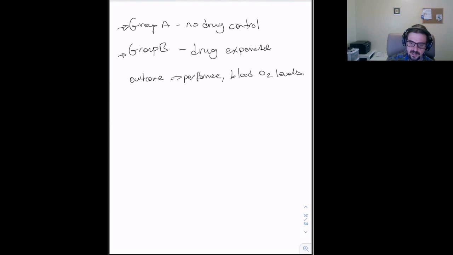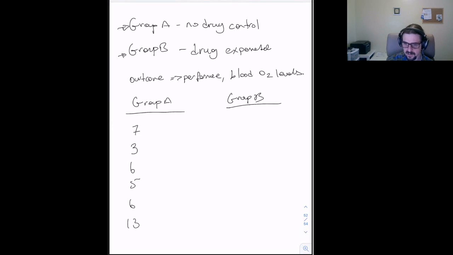Okay, so let's make up some data. Group A blood oxygen levels were 7, 3, 6, 5, 6, and 13, and Group B was say 12, 5, 11, 11, 9, and 18.